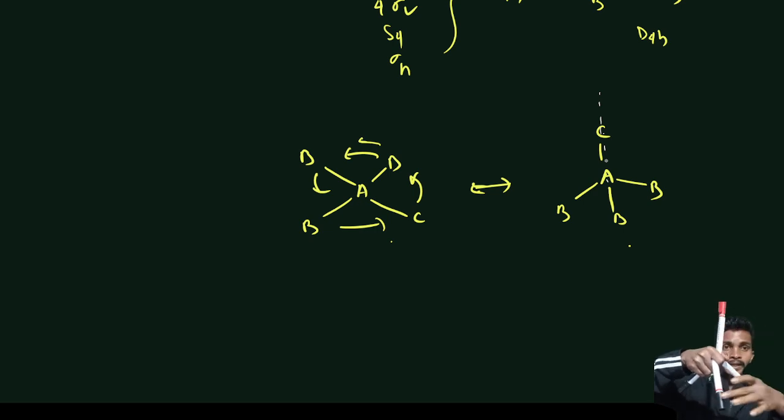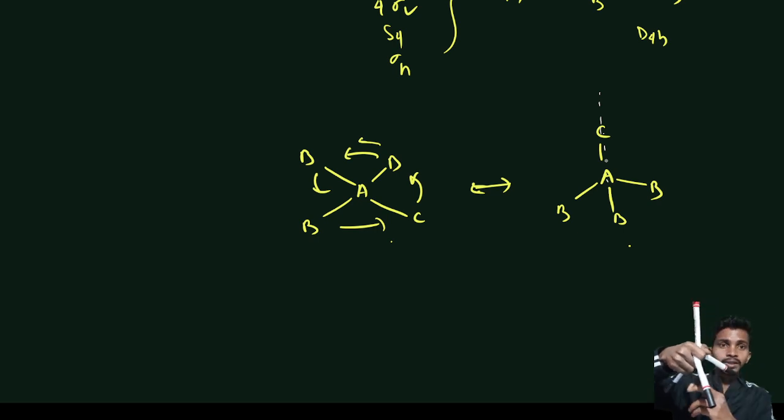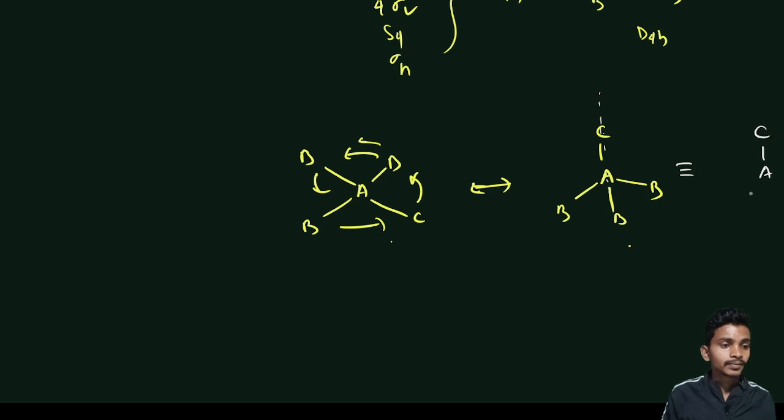So one is back, one is front, one is back, and one is in plane. If I pass the axis through this and coming down to this, then a C3 axis is present. So this is actually what looks like A, and one is C, and one is in front, one is in back, another is in plane. So this is similar to the NH3 molecule.